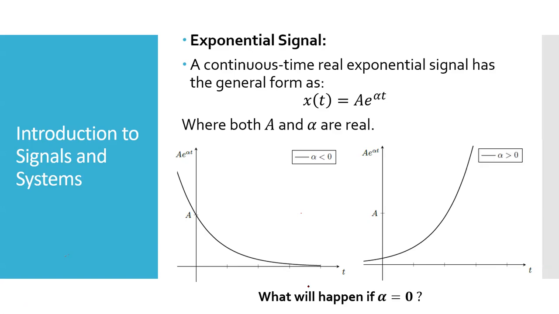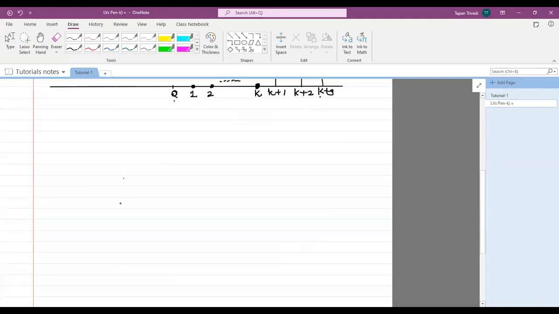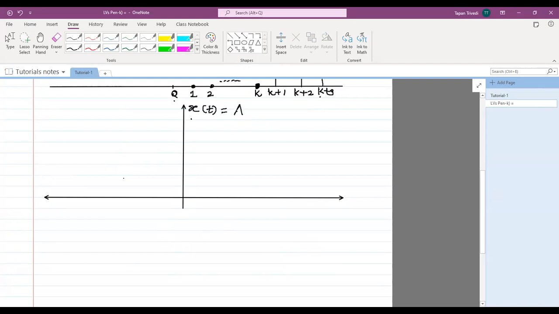So here I will also draw the y-axis. And x of t equal to a e raised to alpha t. Now let me explain for alpha equal to 0.